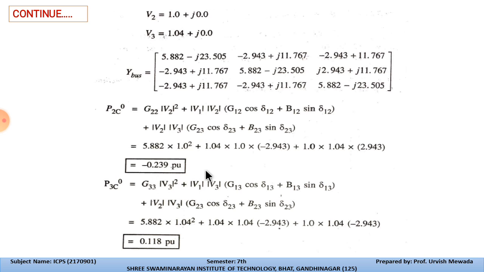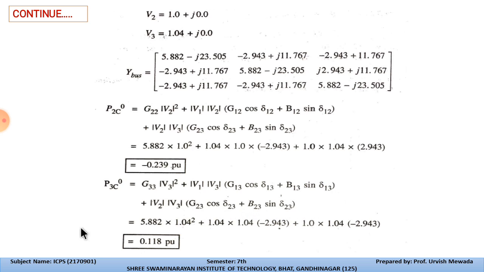Similarly V1 is the same, V2 is replaced with V3, G12 will become G13, cos delta 12 will become cos delta 13, B12 will become B13, and sin delta 12 will become sin delta 13, plus V2 V3 G23 cos delta 23 plus B23 sin delta 23.